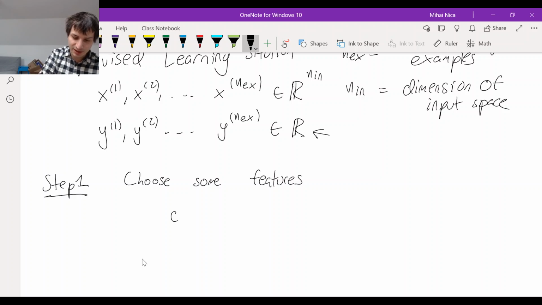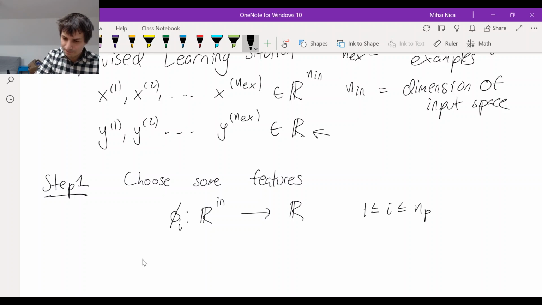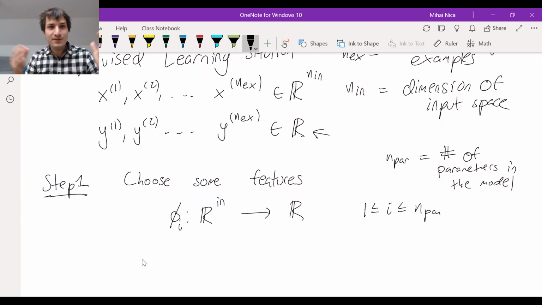A feature is simply a function, phi_i, from R^n_in to R. And we're going to have many such features, so let's number them, i, 1 less or equal to i, less or equal to n_par, where n_par is going to be the number of parameters in the model. So we're going to have all of these features.